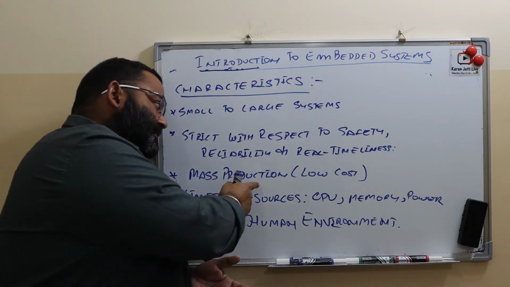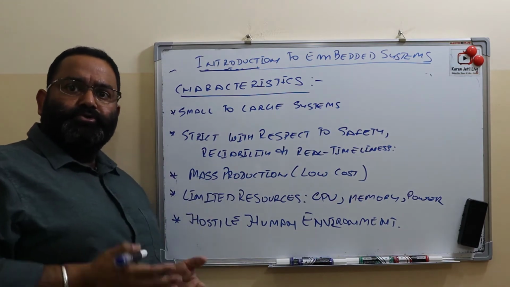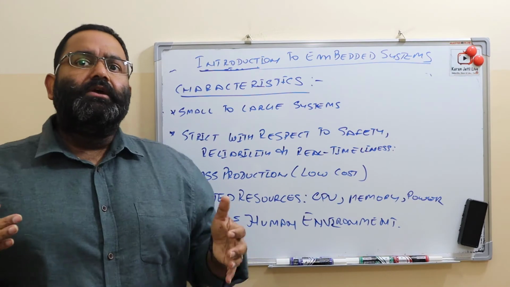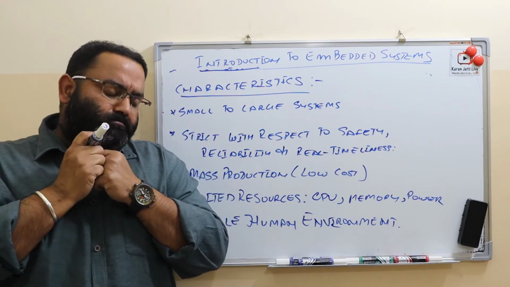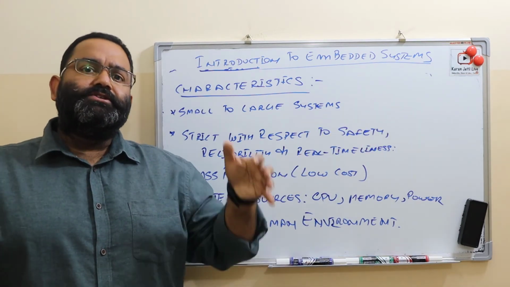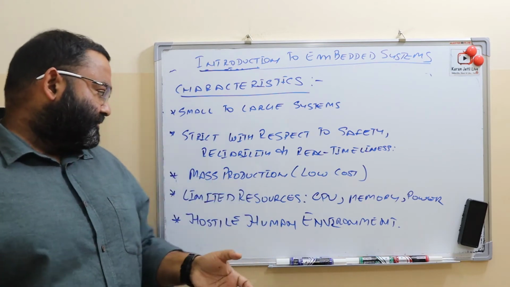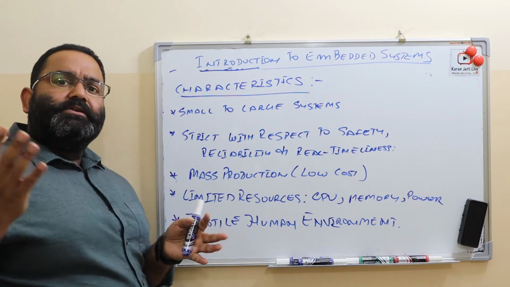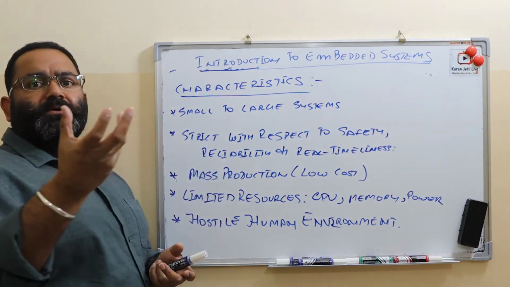Then they can be mass produced to lower the cost. All the systems these days which we buy are mass produced, which decreases the cost of a system. And they always have limited resources because an embedded system is not a full-fledged computer.